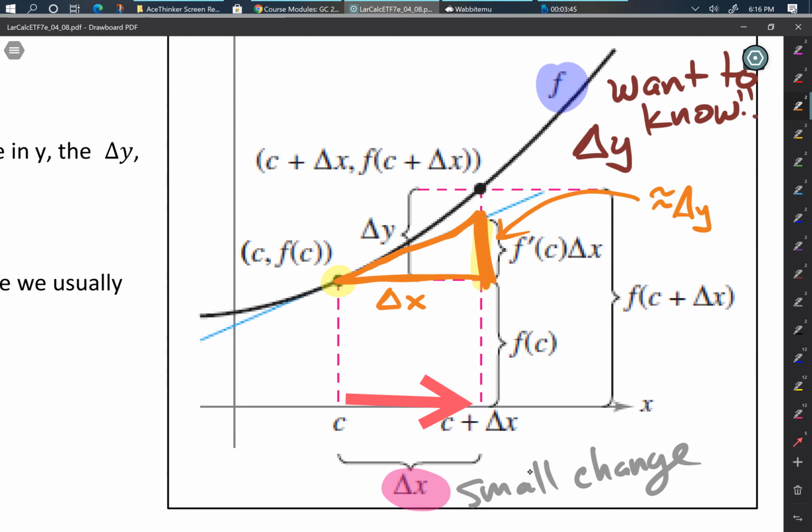Well, the blue tangent line right here, we can find the slope of the tangent line.